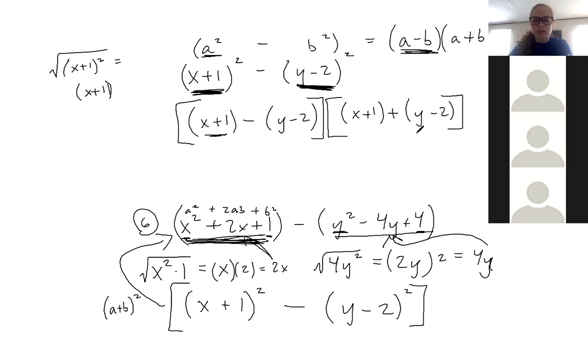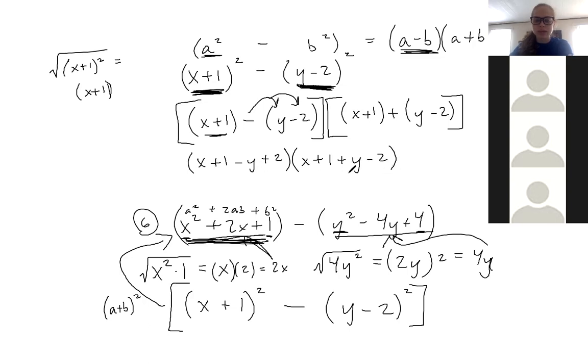All right, once you get to this point, the only thing left to do now is just to simplify. So remove all the parentheses. Now I have x plus 1, distribute that negative, minus y plus 2, times x plus 1 plus y minus 2.